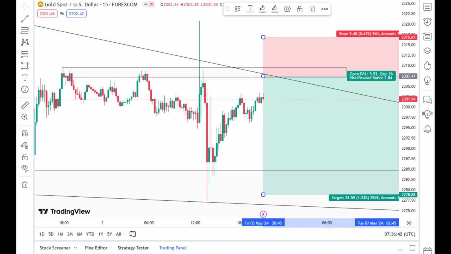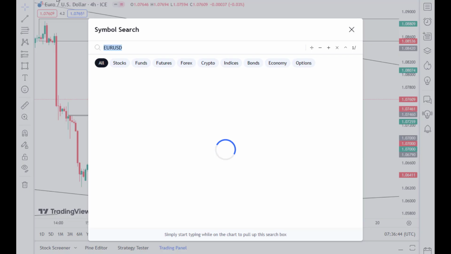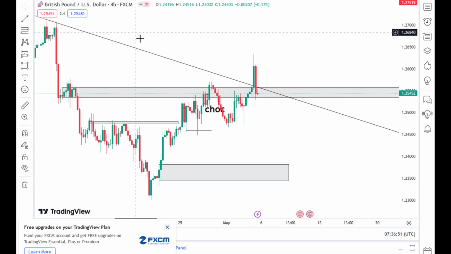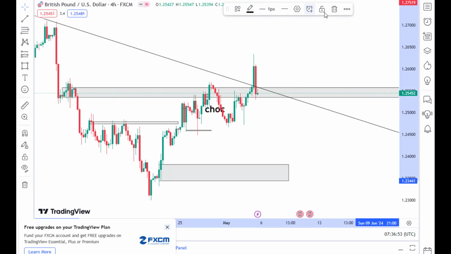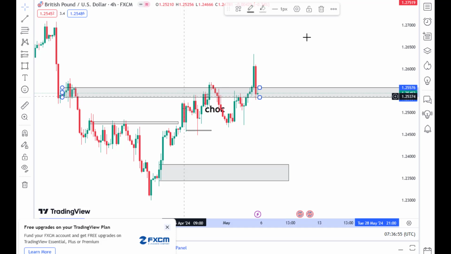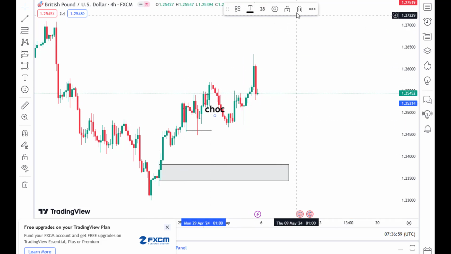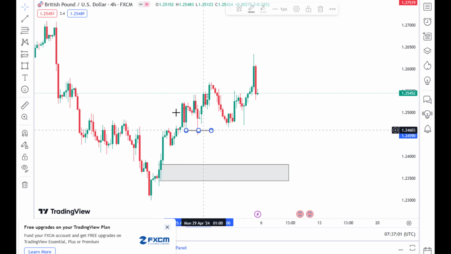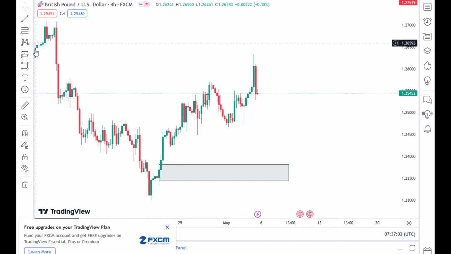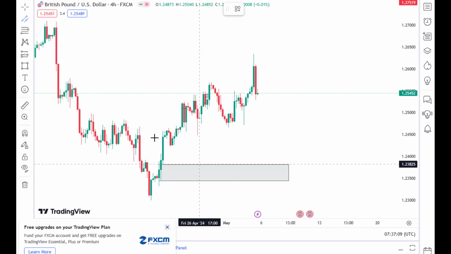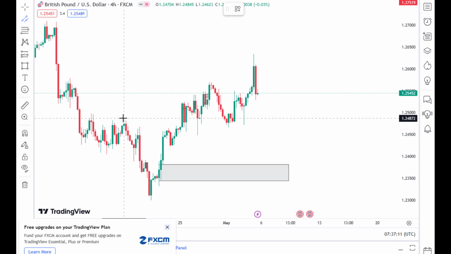And then if you look at Great British Pound, US Dollar, right here, we see that even from the H4, we have an uptrending market here, right?